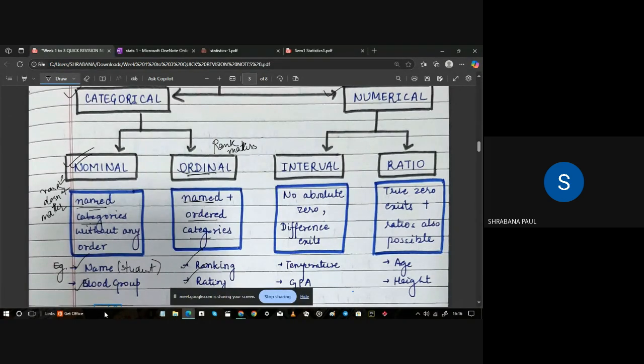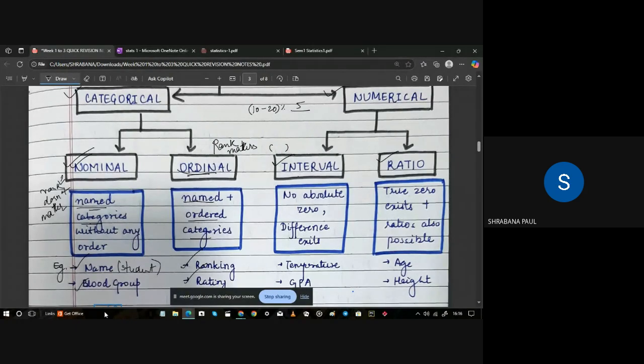So now numerical data. Numerical data can be broadly classified into interval and ratio. From the word interval, don't think about the movie interval. It's a different thing. From interval, you will say that it's a period. It chooses an equal period. Just say 10 to 20%, how many students secured?